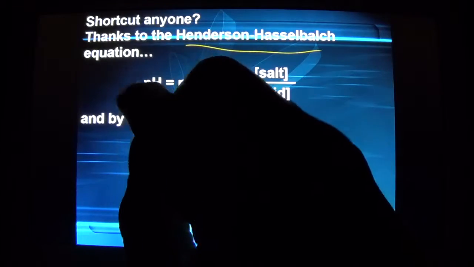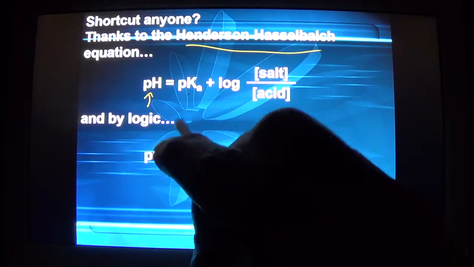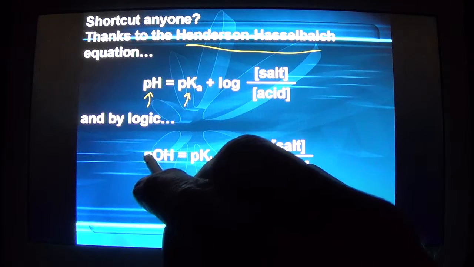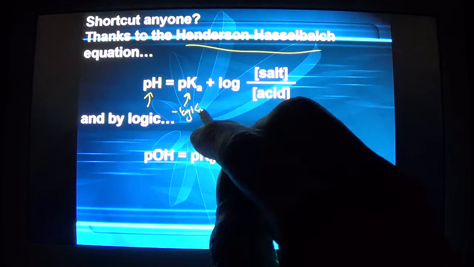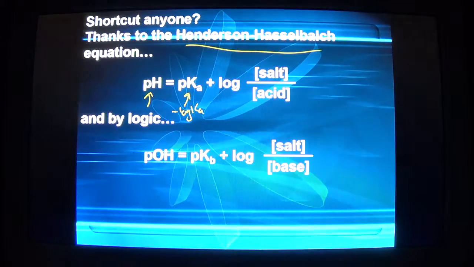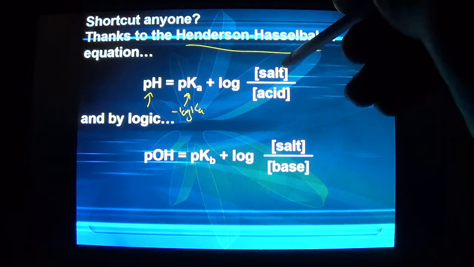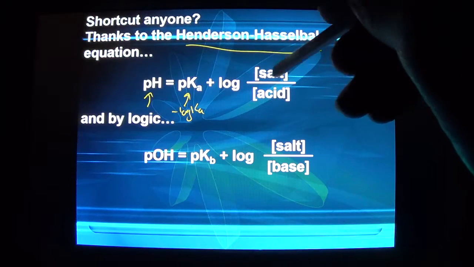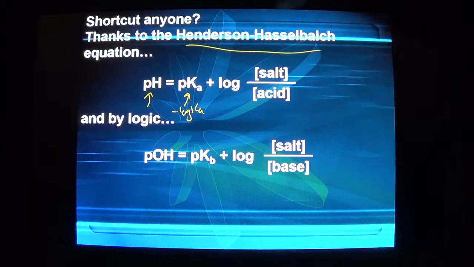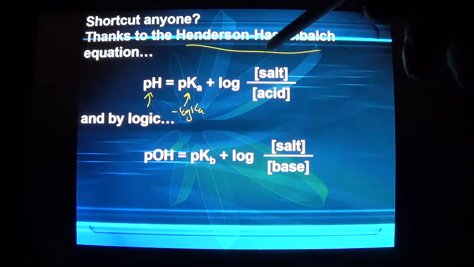Check out what it tells us. It could tell us the pH if we know the pKa of the acid, and that's just taking the negative log of Ka. That's all that is, okay? Plus the log of the concentration of the salt, specifically the anion part of the salt, over the concentration of the acid. Now that's usually written that way for acids.